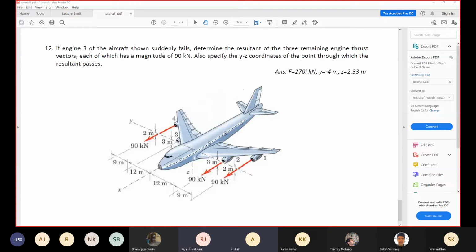Sir, theta and phi are 2 angles, but it is given that the theta angle is perpendicular to the plane.